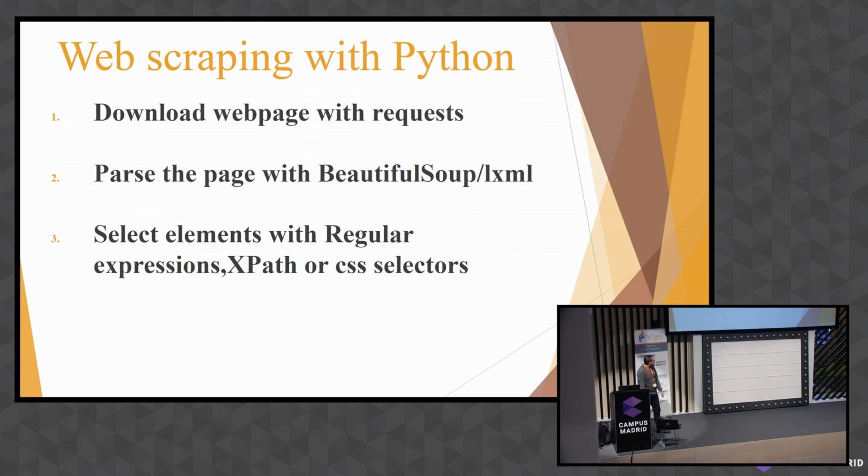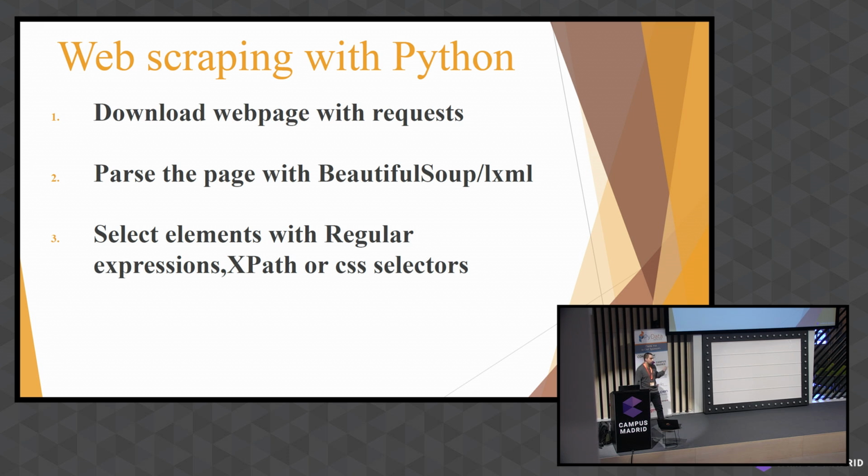In general, what are the steps that we can follow for web scraping with Python? Well, the first step is obviously to download the web page with requests or urllib, but I recommend requests because it's more Pythonic. In the second step, parse the page with some of the parsers that I will comment on now.